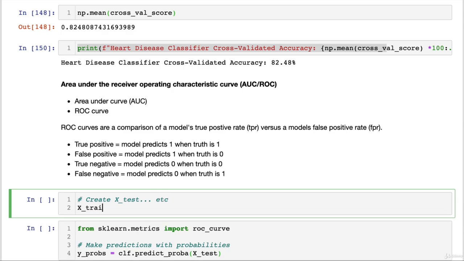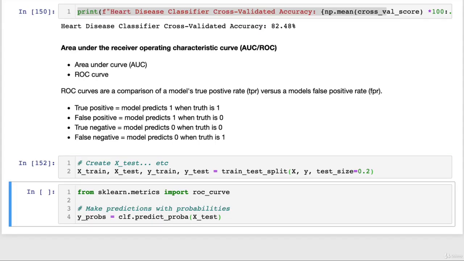So we want to go here: X_train, X_test, y_train, y_test equals train_test_split(X, y, test_size=0.2).